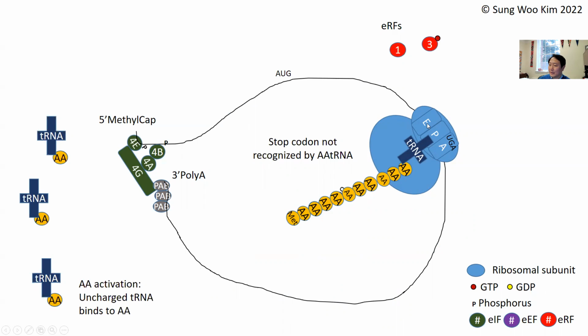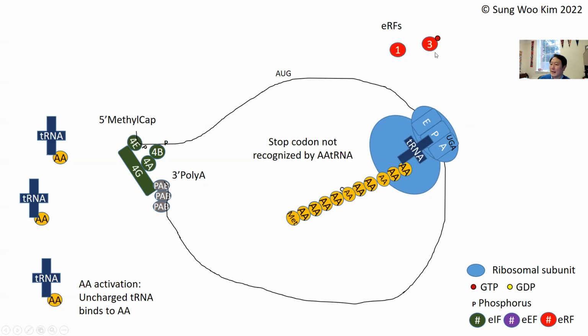Going back. Now this 80S ribosome found the stop codon, UGA. This will stop the elongation at the A site because there's no tRNA bringing any amino acid for UGA, since UGA doesn't code for any amino acids. So this will cause an empty space here.